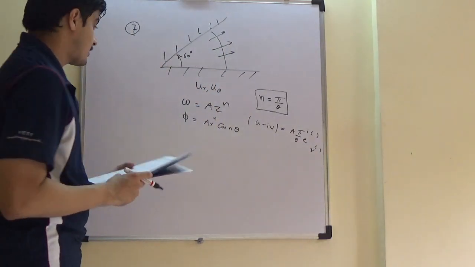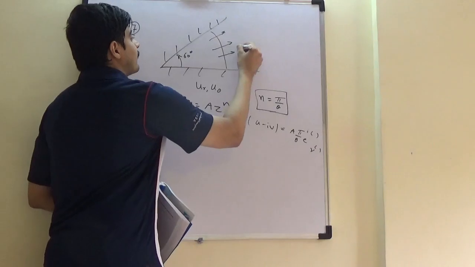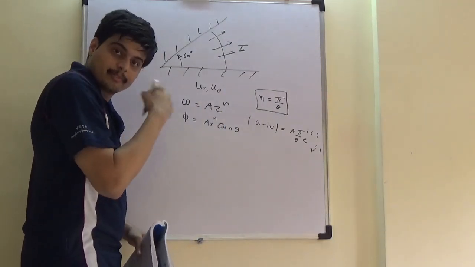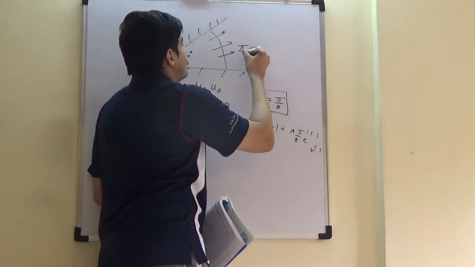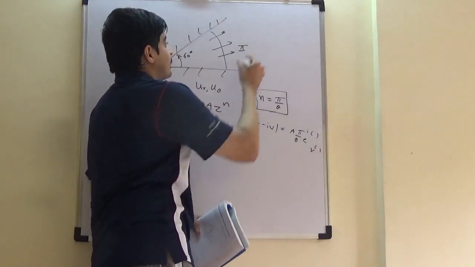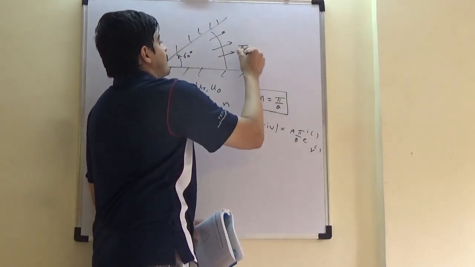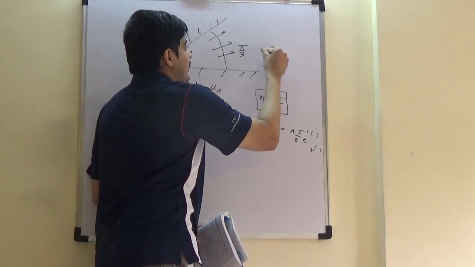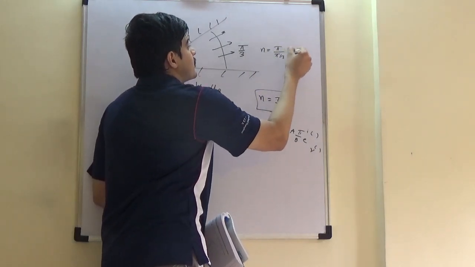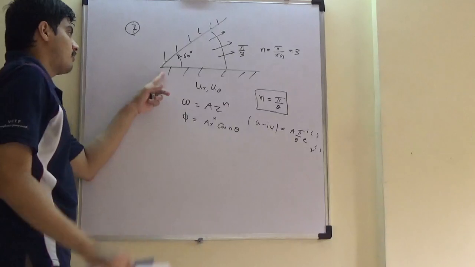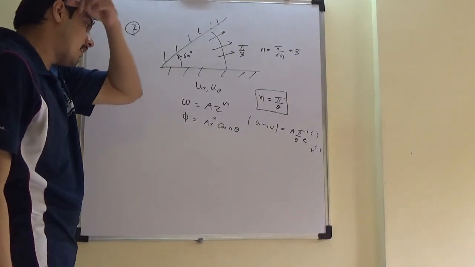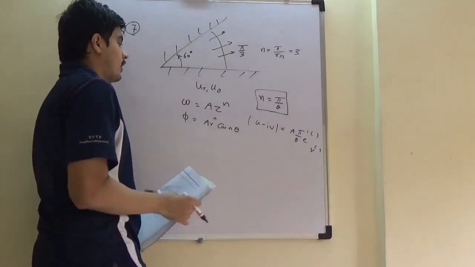Now this component, 60 degrees. What is 60 degrees? Pi by 2 is 90 degrees. Pi by 3 is 60 degrees, which means n is pi upon pi by 3, which is 3. So this is a case of n equal to 3, and this is less than 2 pi angle, right?